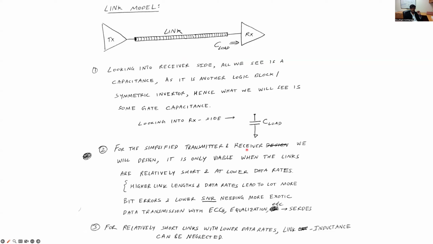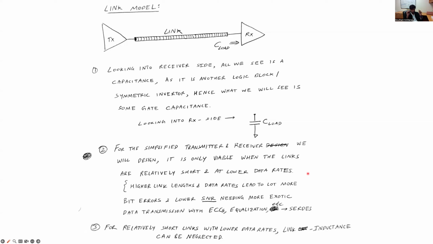Because it's just either going to be some symmetric inverter or some logical block, the simplified transmitter and receiver that we will design is only viable when the links are relatively short and at low data rates. So the following few slides will talk about a simplified driver design without the use of SerDes, wherein the transmitter and receiver are just going to be inverters. This kind of transmitter design only works in practice when the data rate of the link is low or the link is relatively short.